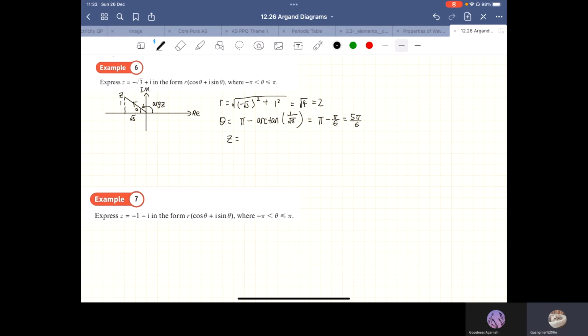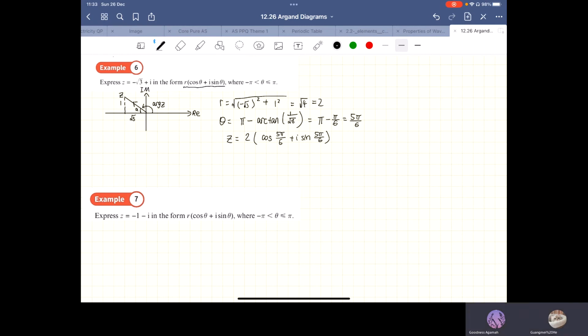Yeah, it's still the same thing, but in this form, what will it be? It'll be 2 cos 5 pi over 6 plus i sine 5 pi over 6. Great.